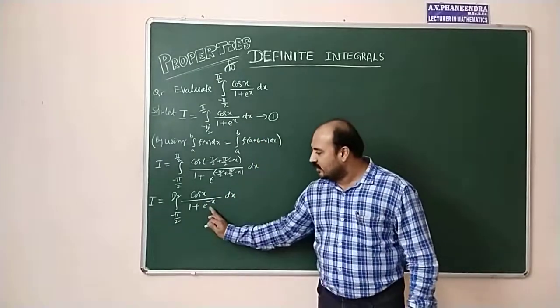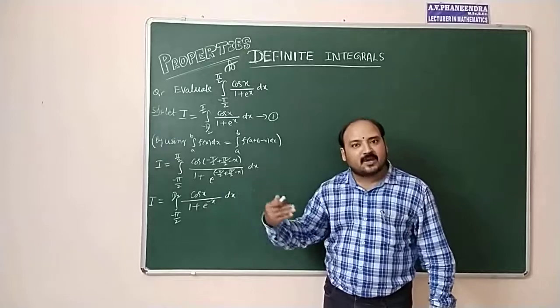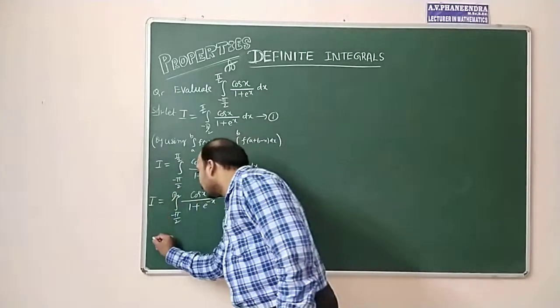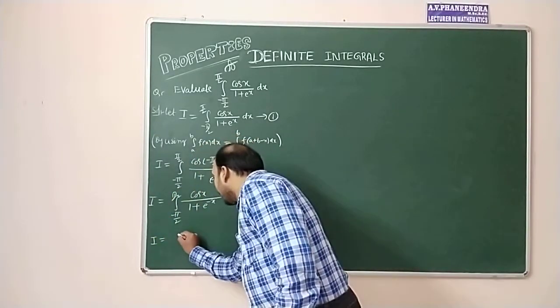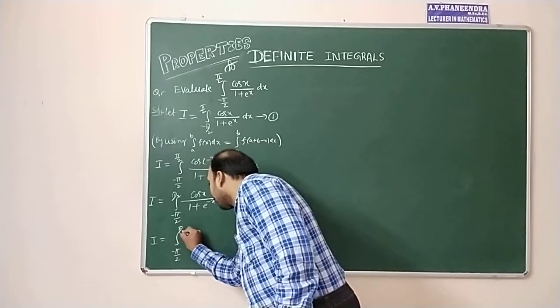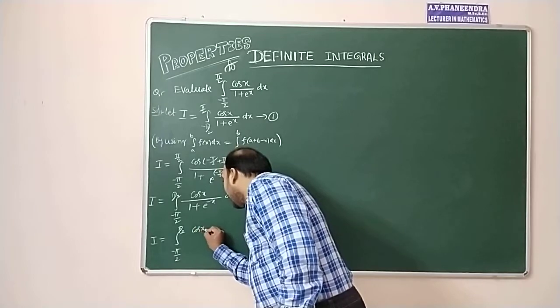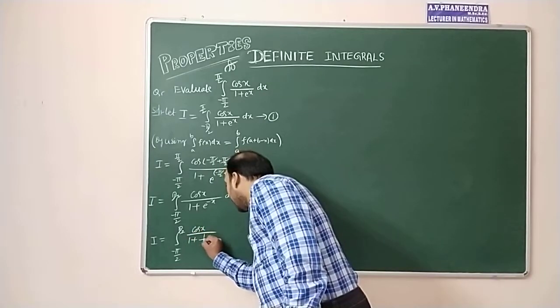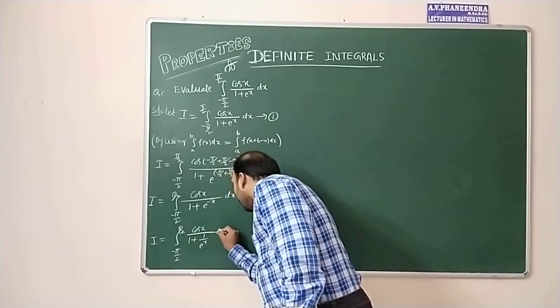In the next step, e power minus x can be written as 1 by e power x. So I is equal to integral minus pi by 2 to plus pi by 2 cos x divided by 1 plus 1 by e power x into dx.